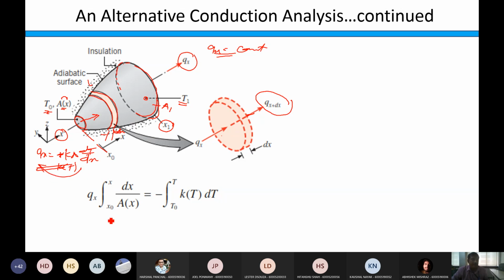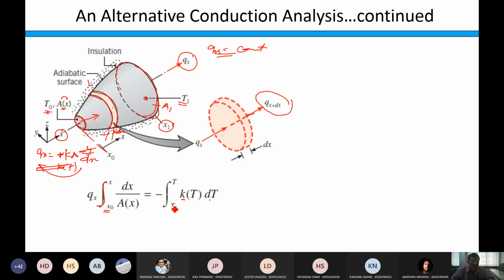On the left hand side I am writing qx, and as this phase is located at a distance x, I am integrating this quantity dx upon a. Why is a taken on this side? Because a contains this x term, a is a function of x, so it is written as dx upon a(x). And the integral is evaluated with the limits x naught, meaning this phase, to x, is equal to minus, now on the right hand side, the integral with respect to the temperature T. K is a function of temperature, so I have kept it k(T) dT, variable separable method.